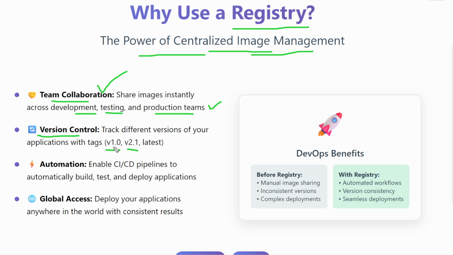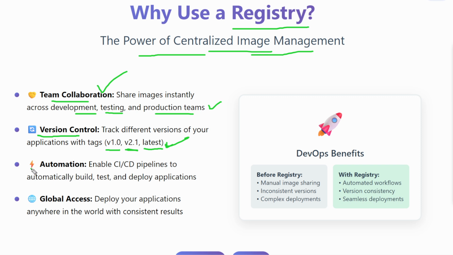Let's say you have a web application which is vulnerable, and you found that and updated it, and then you pushed that with the tag v2. And latest: if you don't give a tag, by default latest will be the tag. Docker itself considers that as the tag.